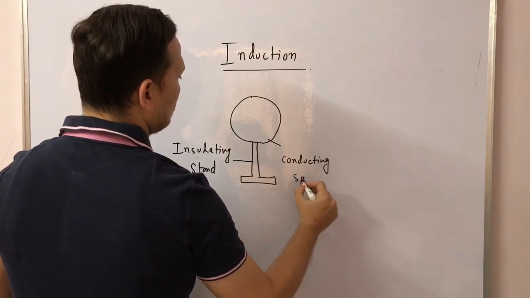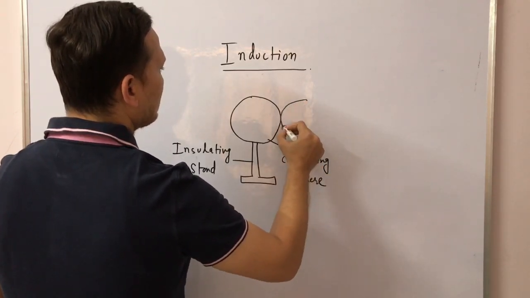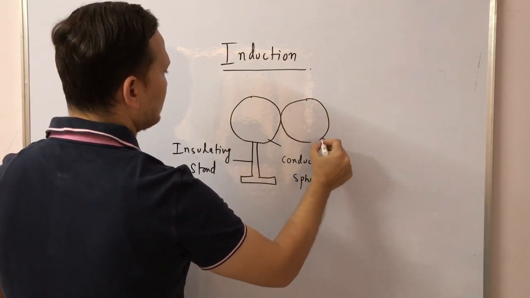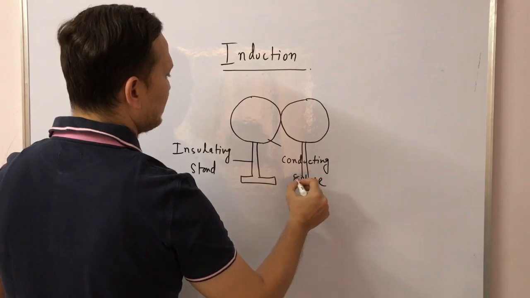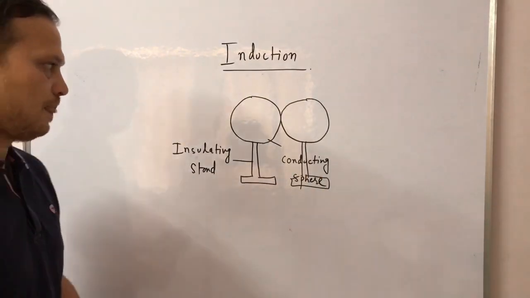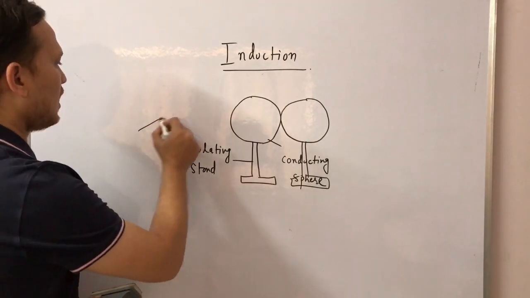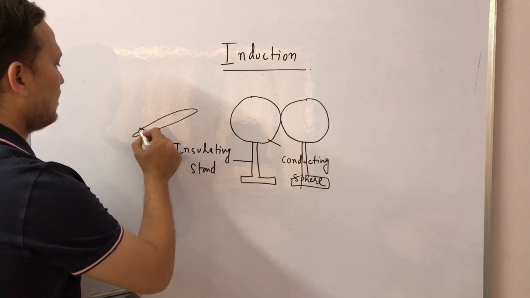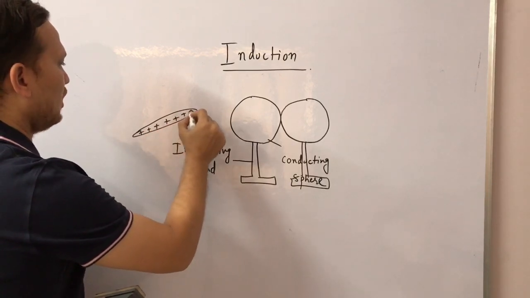Then I will bring one more conducting sphere near that sphere, and the same thing will be done with this sphere. It will be on an insulating stand. Now here, suppose I bring a glass rod which is a positively charged rod.